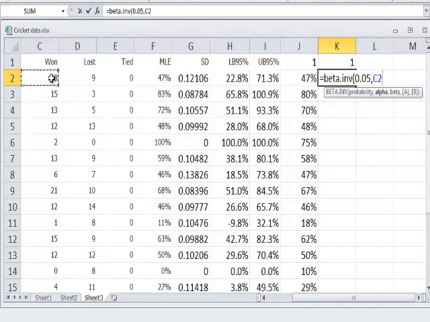So it's C2 plus 1, comma, and now it's going to be B1, right? B2 is the n, 18. It's also D2, the number of losses. So it's D2 plus 1, that's my B.